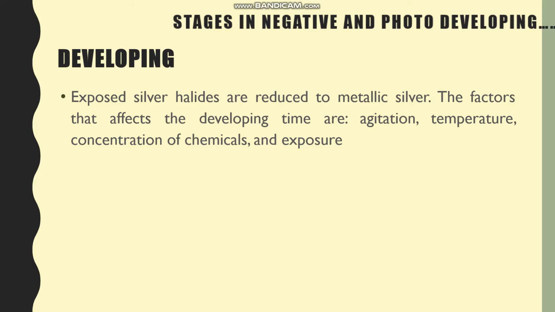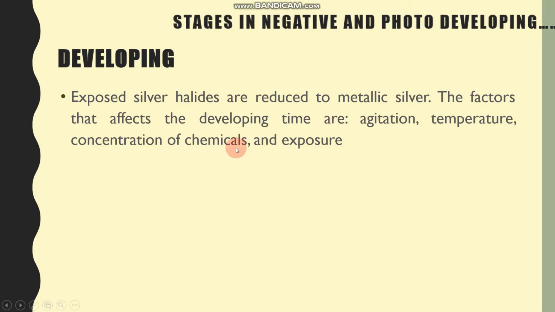Na kung saan kapag tayo ay nag-develop, meron tayong stirring or meron tayong shaking process na gagawin. The temperature, meron tayong proper or yung given na temperature na maset, di ba? Bago natin i-expose yung ating film or yung ating photographic paper sa chemicals or sa solution na meron tayo. And the concentration of the chemicals and the exposure itself.